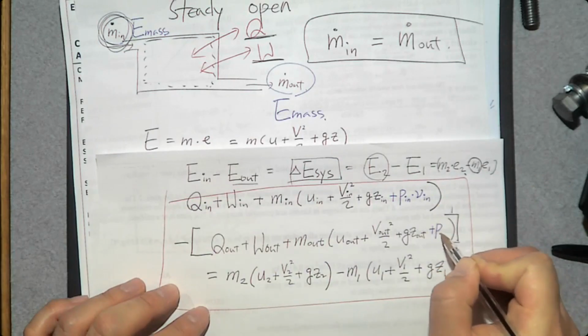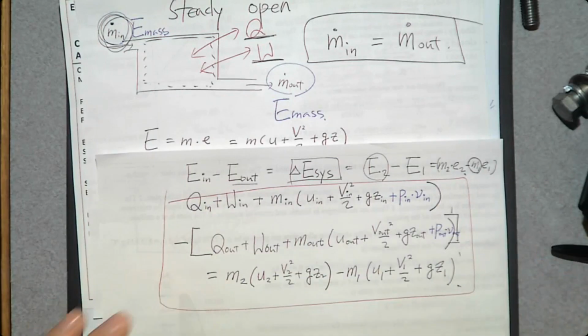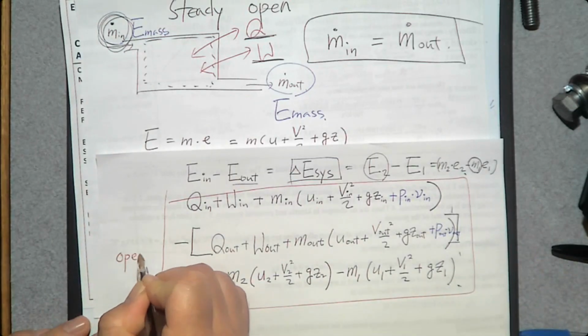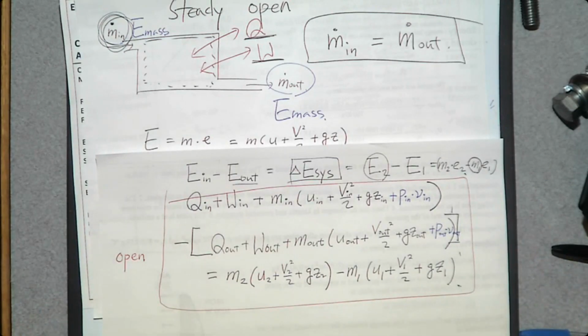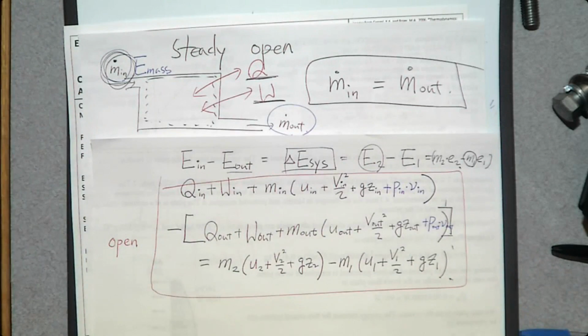Pressure P out times V out. So that is the energy balance equation for an open system. Oh, wait, we were talking about a steady open system.